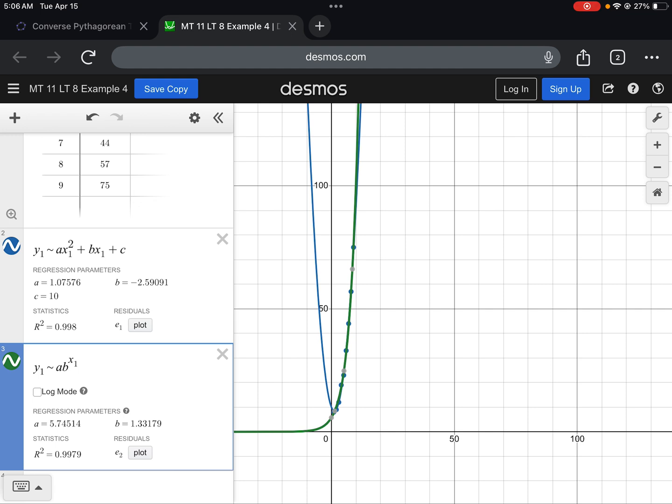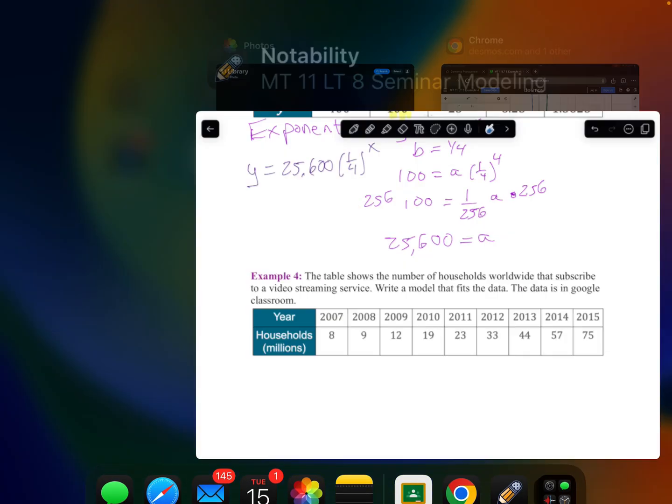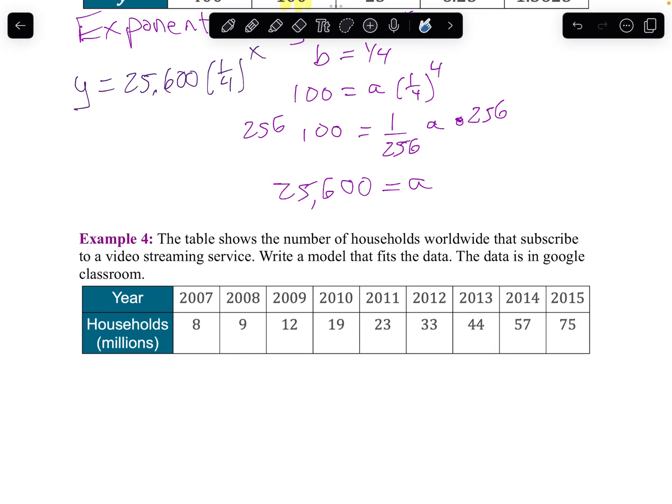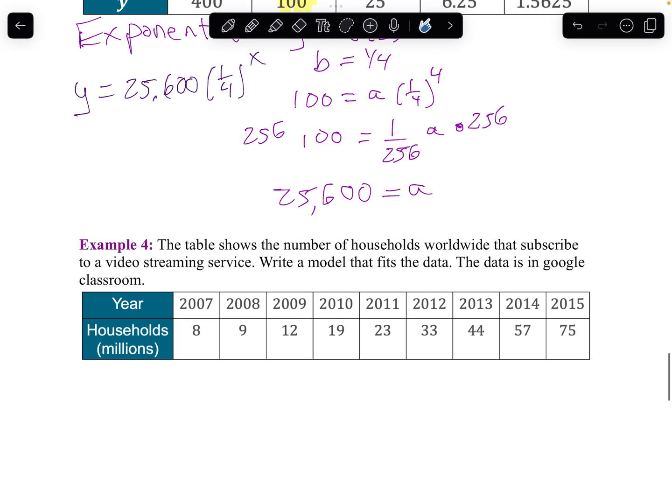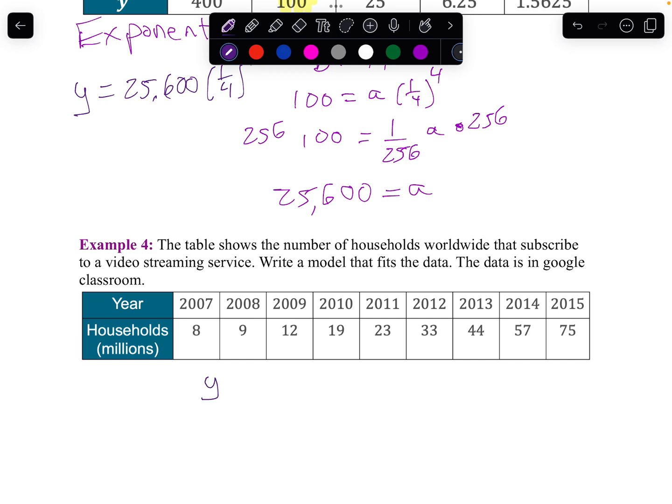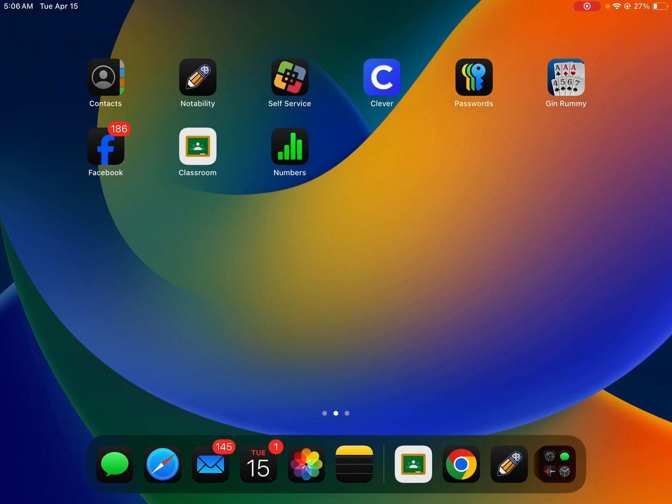So I'm going to write my equation. So I'm going to say a is about 1.08. So when I write my equation, y equals 1.08x squared minus, bring that back here, what do I do with it?